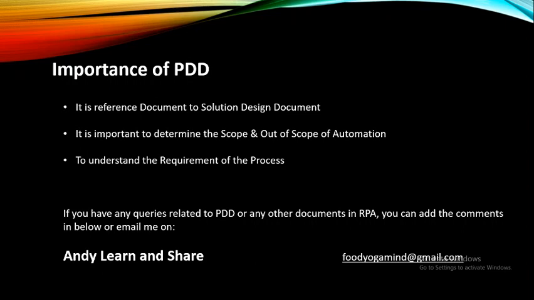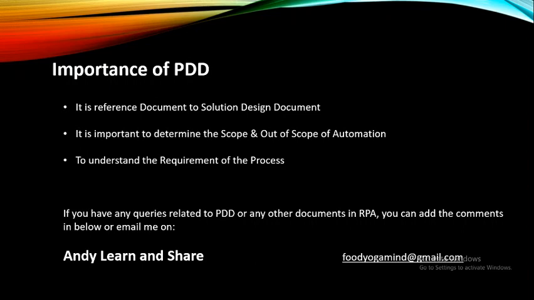Let's say the business has some other requirement in future, then you can create a separate change request for that, because this process definition document clearly mentions how much time it's going to take to complete this automation process, and what the requirements are, each and everything. So this is very important.